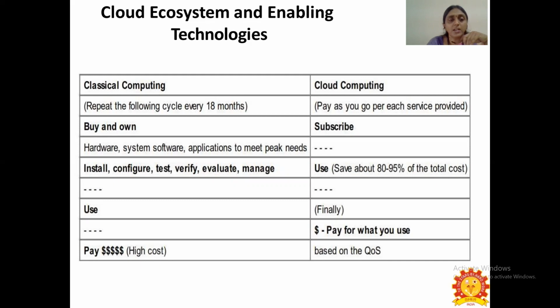In classical computing, the hardware, system software and applications are bought to meet the peak needs, and install, configure, test, verify, evaluate and manage, everything is needed. But in cloud computing, we can use it directly, which saves about 80 to 95% of the total cost. In classical computing you pay in dollars, which is a high cost, while in cloud computing we pay for what we use, based on quality of service, that is QoS parameters.